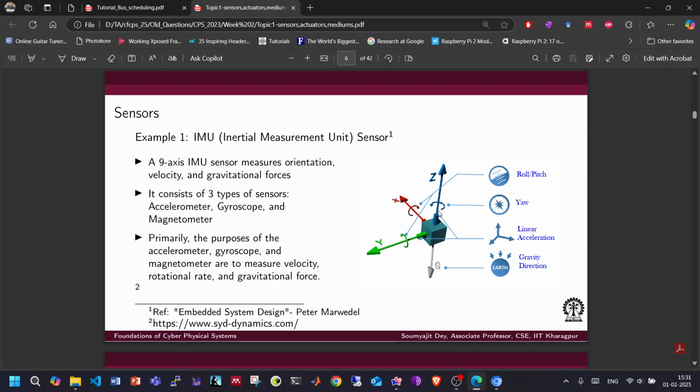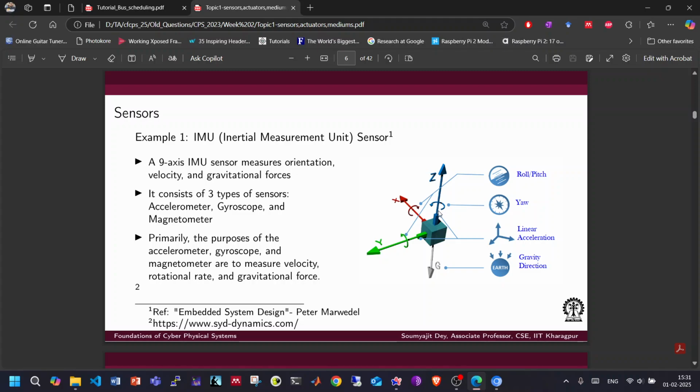Combining all these, from the IMU unit we get a 9-axis sensor. I just told you about 6 measurements: 3 along your linear axes, and 3 around those axes as rotational axes, the angles or accelerations around them.